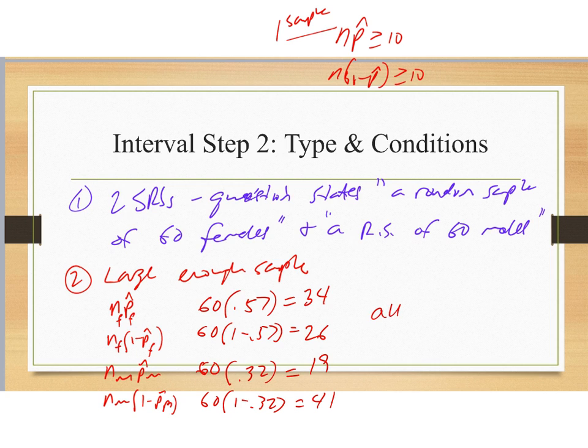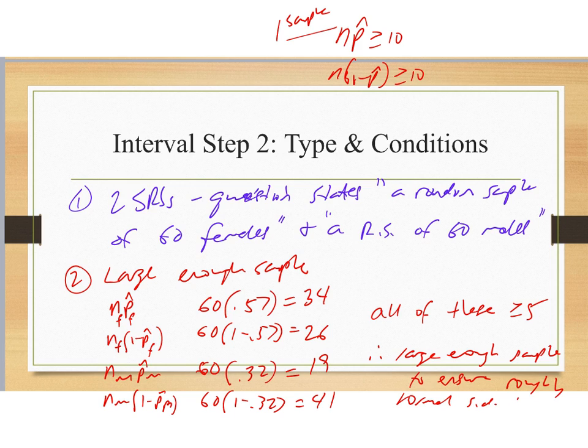Well, all of these are greater than or equal to 5, so therefore, we have a large enough sample to ensure a roughly normal sampling distribution by the central limit theorem again.